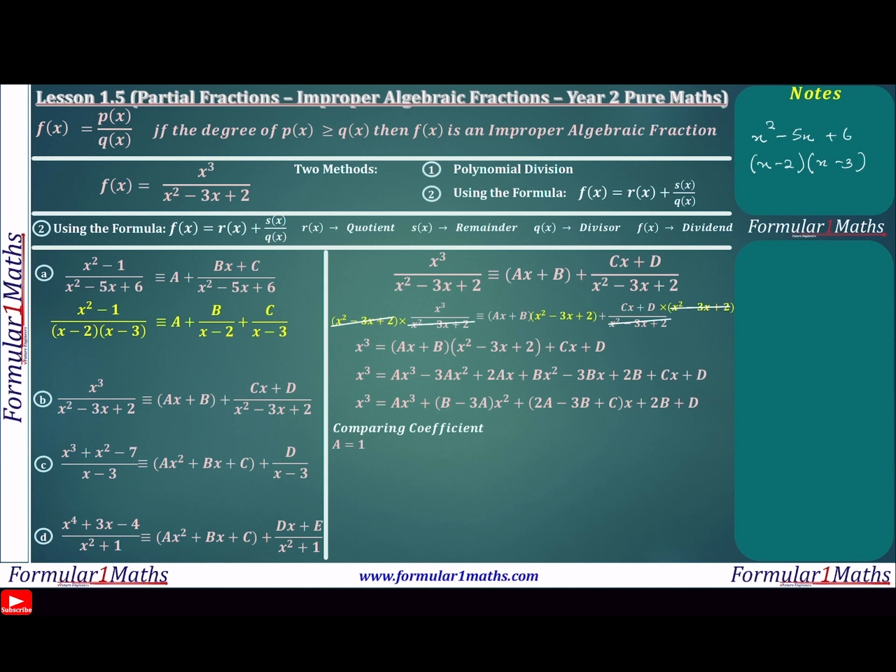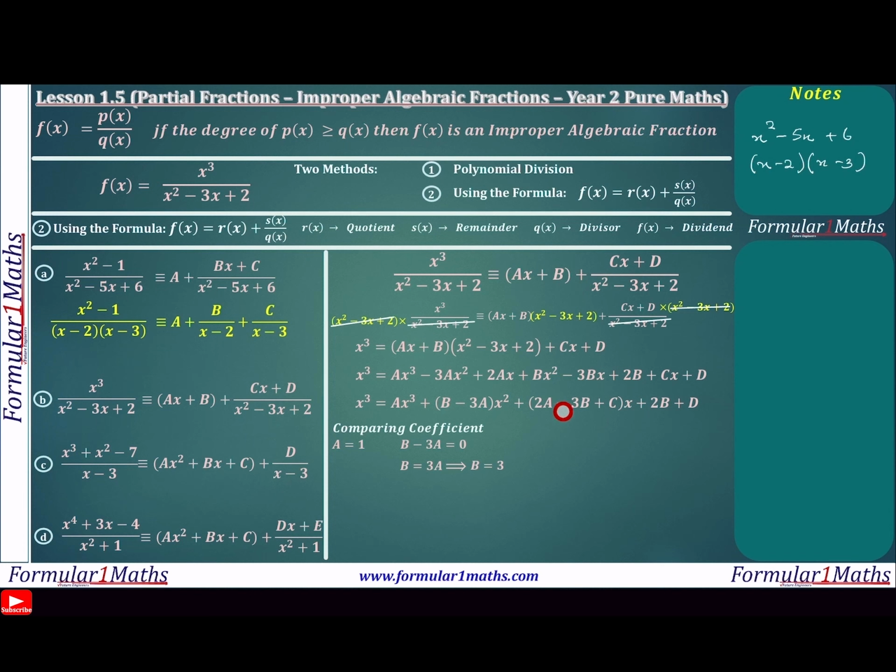For the x squared term, the coefficient on the right-hand side is b minus 3a, and the coefficient on the left-hand side is 0. And so we get b minus 3a is equal to 0. This means that b is equal to 3a, but I know the value of a to be 1. That means b is equal to 3.